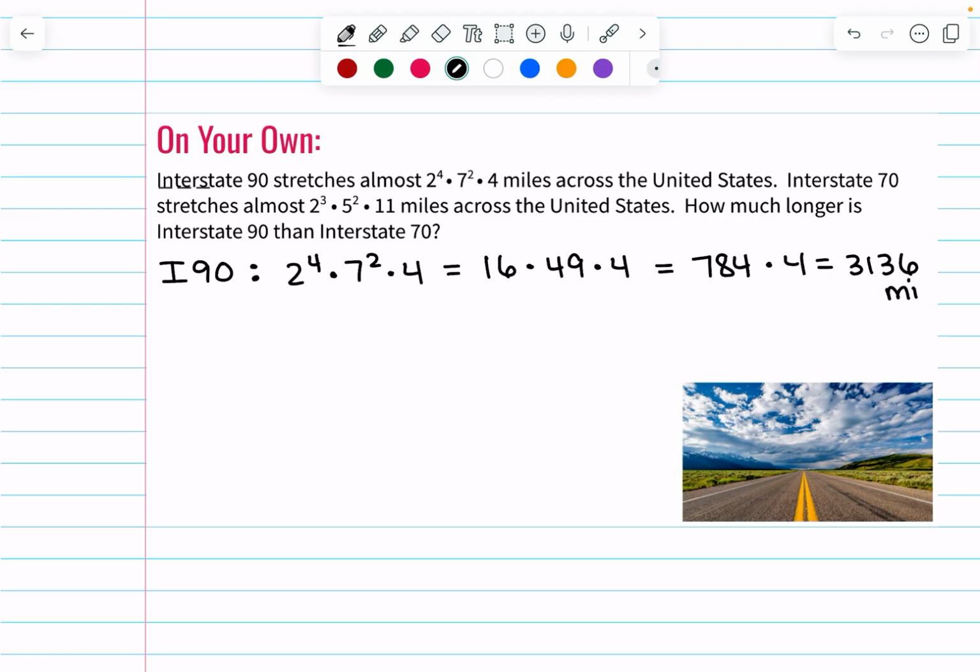Okay, I-70, 2 to the power of 3 times 5 squared times 11. This one I'm going to do two of them at the same time again. 2 to the power of 3 is 8 times 25 times 11. 8 times 25 is 200.